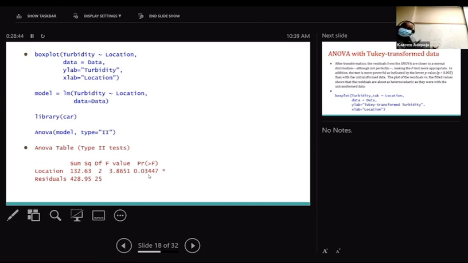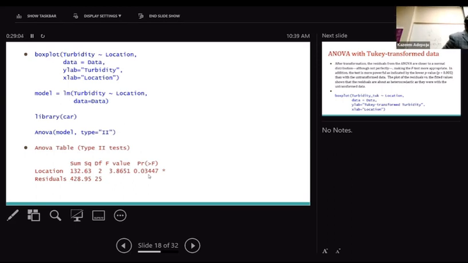But at 5%, it said they are not the same. But I want to tell you this: the probability distribution of the response variable here is not normal, and therefore this result cannot be trusted.